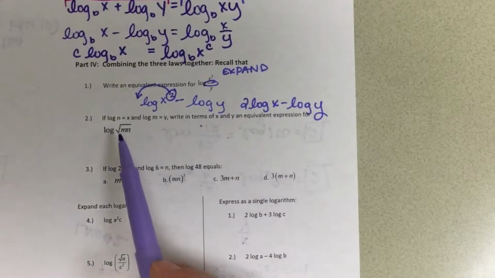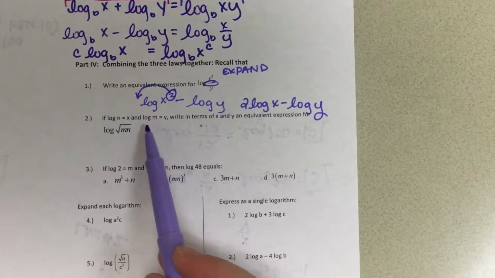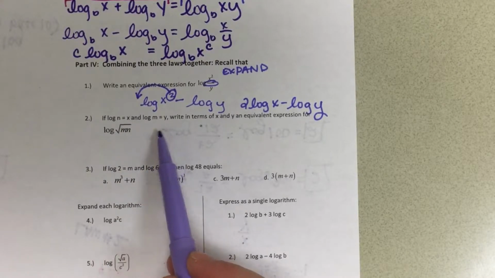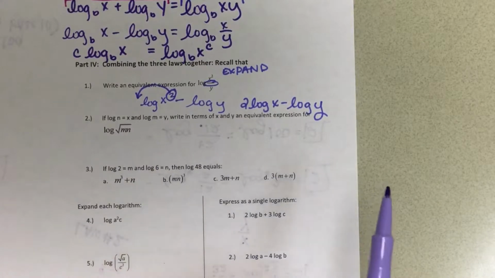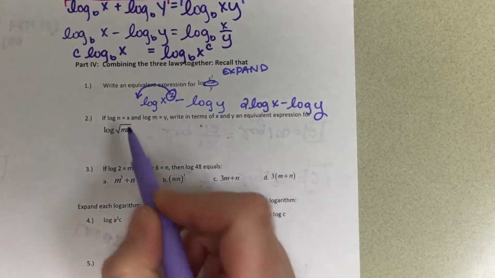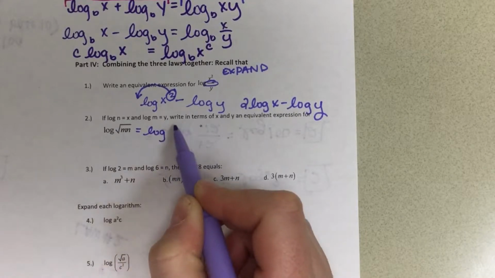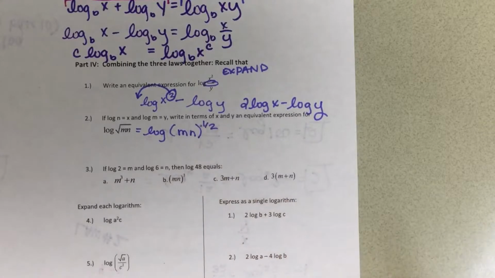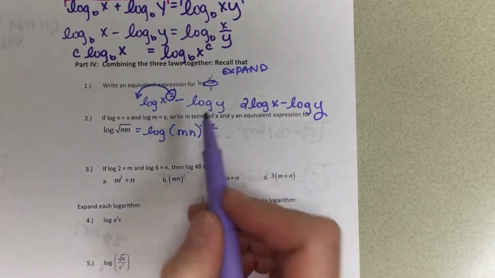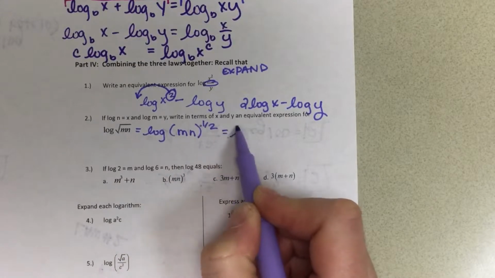Now, in example number 2, it's giving us variables for log of n and log of m. But I can't make any substitutions until I have those by themselves. So what I see when I look at this is I know that this is the log of mn raised to the 1/2. Now this 1/2 belongs to the m and to the n.